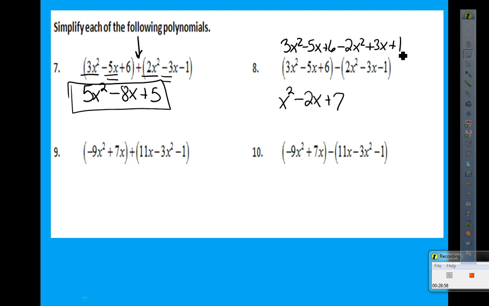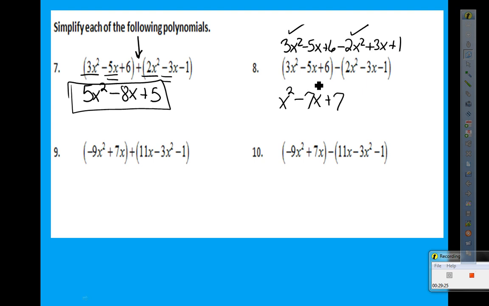Now just go through and find your like terms. 3x squared and negative 2x squared make 1x squared. Negative 5 and negative 2 make a negative 7. Oops. Oh, no, it doesn't, because I distributed that. So negative 5 and negative 2 make a negative 7x. Oh, I caught myself in an error. And then 6 and 1 make the 7.